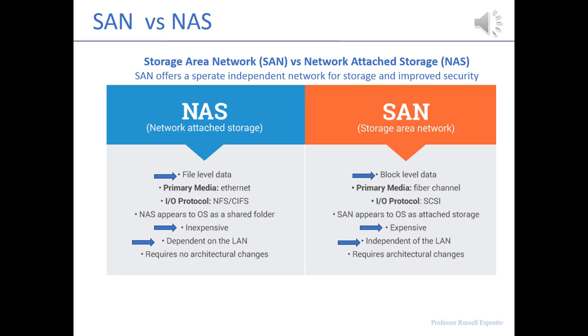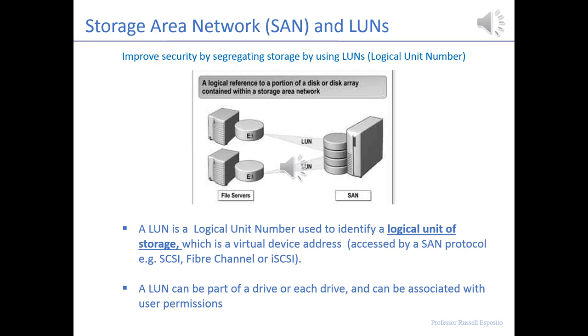Just having a separate network gives it more security, but there's another feature we're going to look at. This other feature that the SAN provides is called LUN, a logical unit number. Essentially you can logically control how data is spread across your drives and your systems. It's really a logical view.